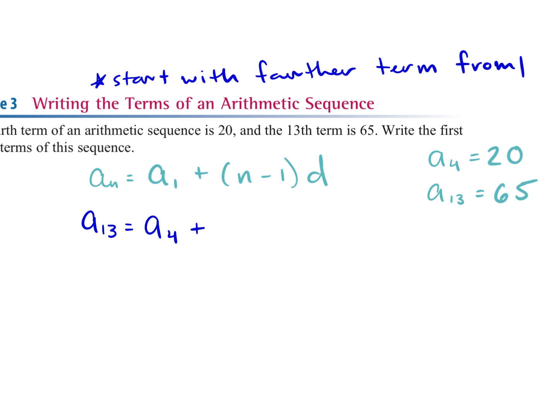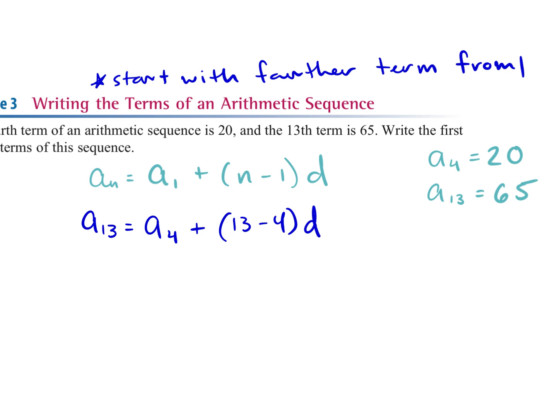In the formula that I'm using here, we're using 13 and 4. So when I plug the numbers into the parentheses, I'm going to say 13 minus 4. Do we notice the pattern? Instead of saying n minus 1 like I do here, we're saying 13 minus 4 times d.